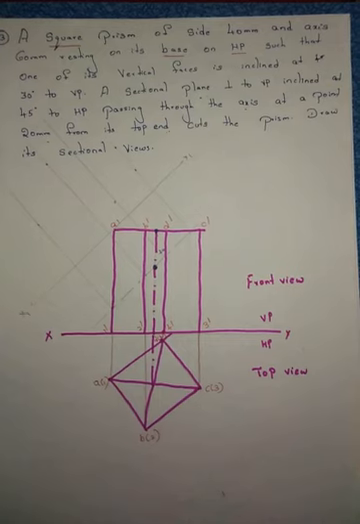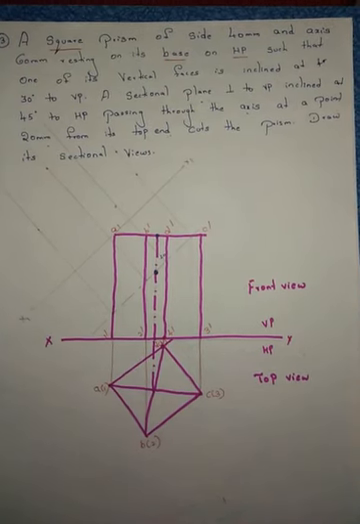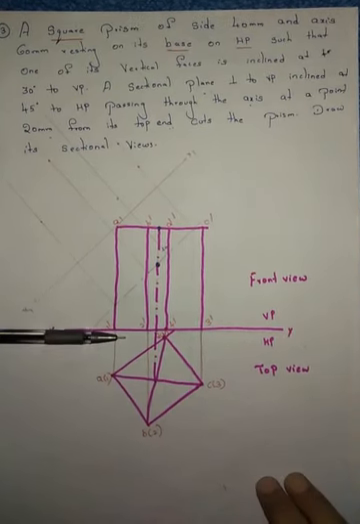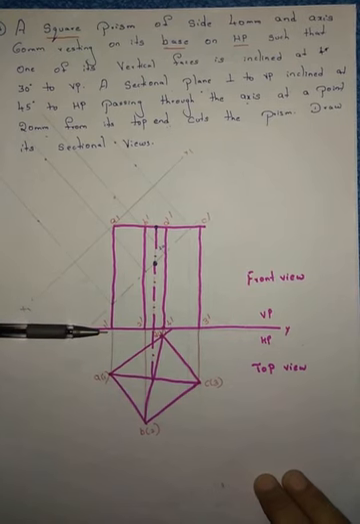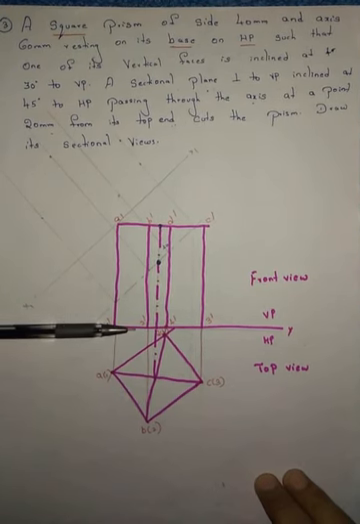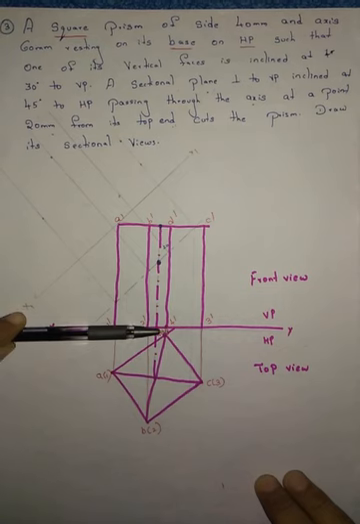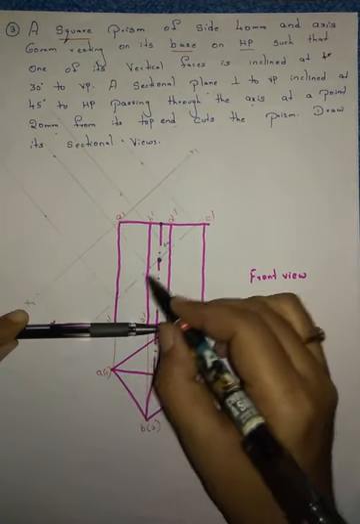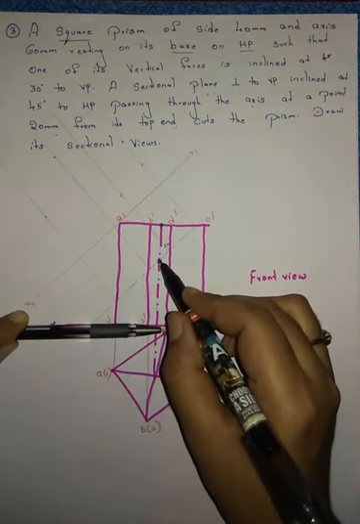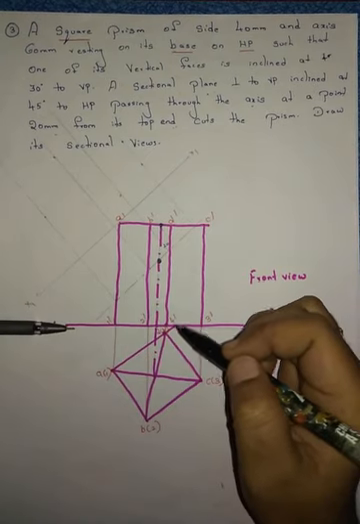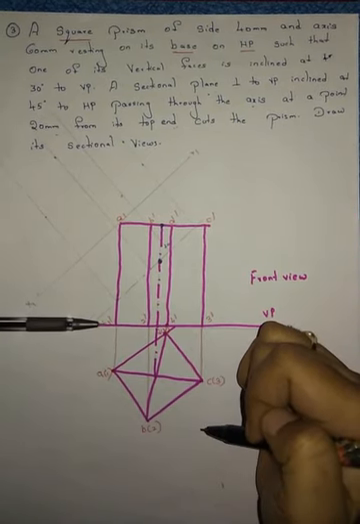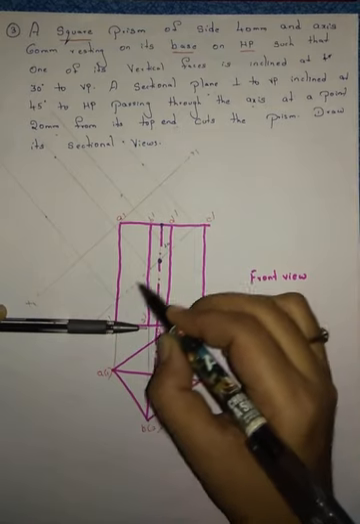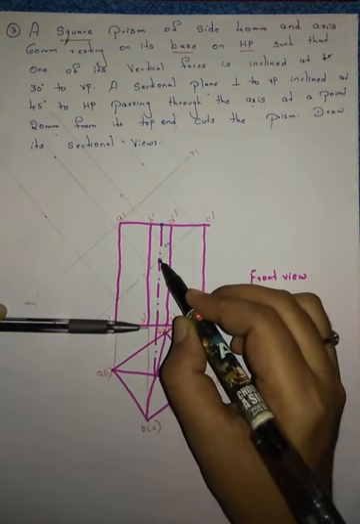Now keep your protractor on this line. Move your protractor like this and see where 45 degrees touches this point, by trial and error. Keep your protractor on the reference line and move it until 45 degrees touches this point.